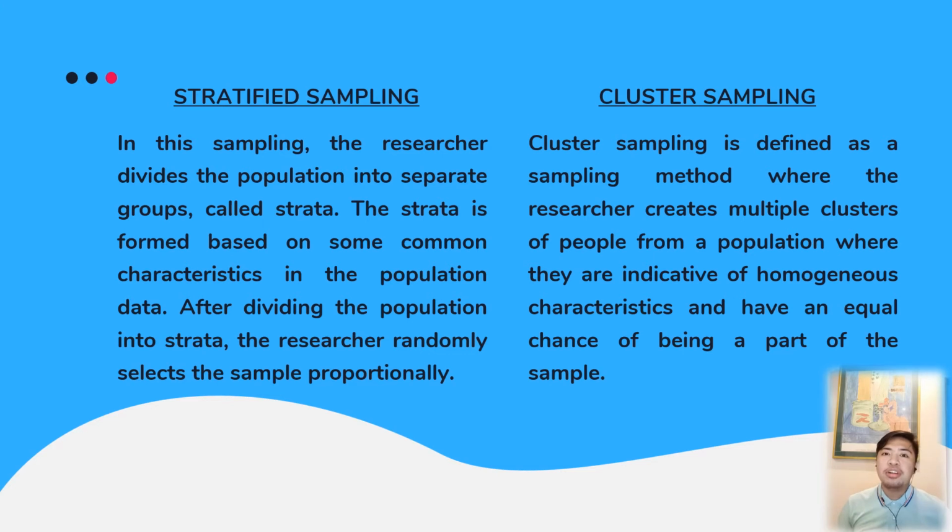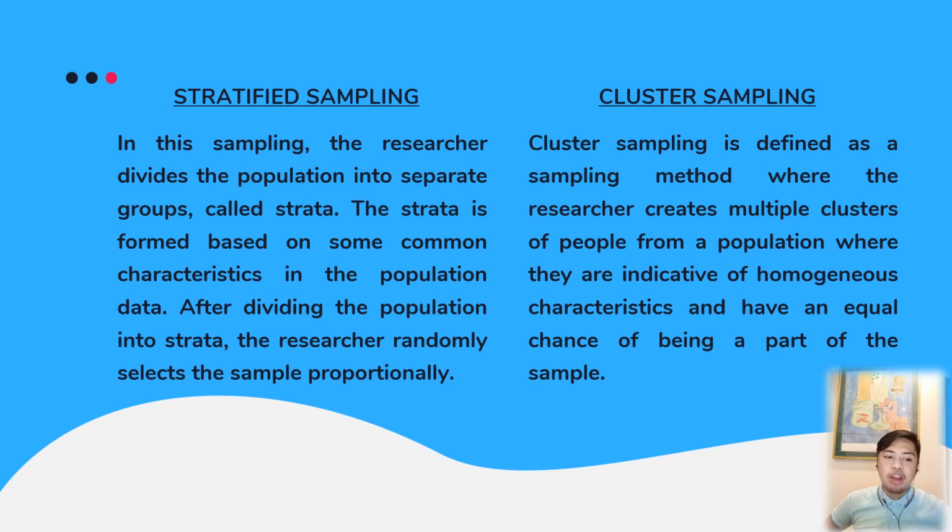Those categories will be referred to as strata. Okay? Now, the strata is formed based on some common characteristics of your population members. Okay, yun nga, based by age, by religion, by hair color, eye color, pwedeng ganon. That will be considered as stratum or strata.